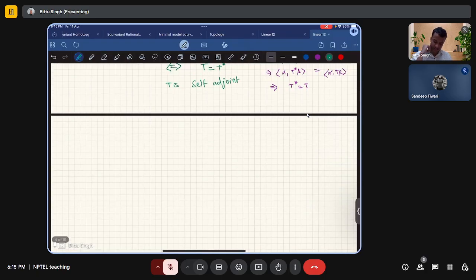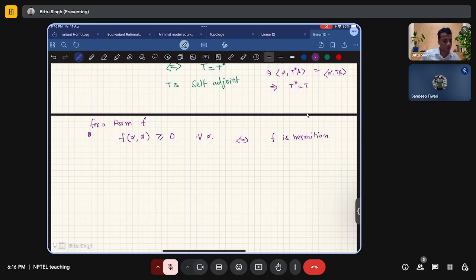Another important thing you can look at in the book, which is very easy to prove again: for a form F, if f of alpha comma alpha is greater than or equal to 0 for all alpha, then this will imply f is Hermitian. The converse is also true.